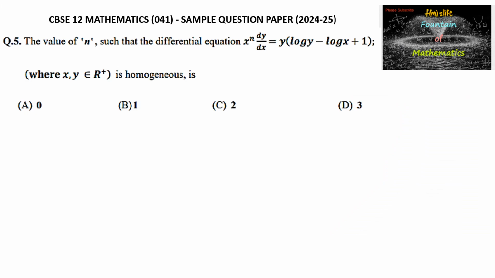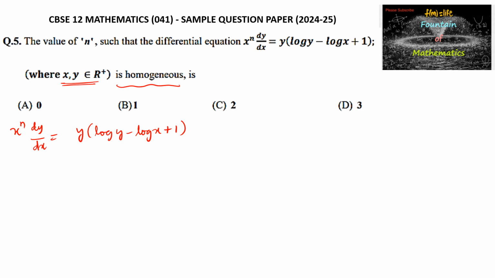We need to find the value of n so that the differential equation x to the power of n into dy by dx, which is equal to y times log y minus log x plus 1, is homogeneous, where x and y are positive real numbers.